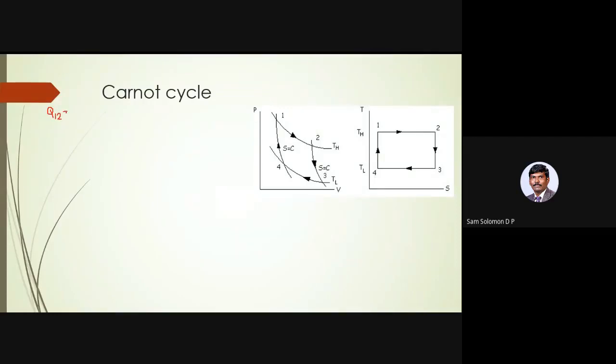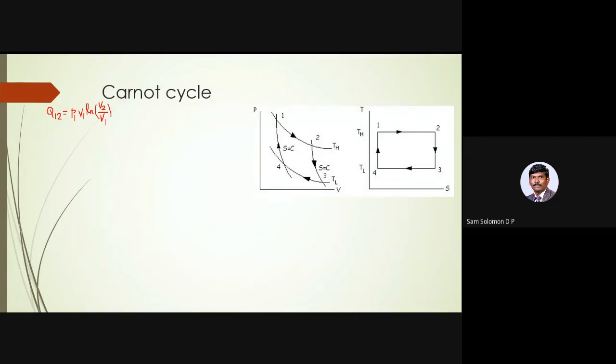Okay, so Q12, process 12 is isothermal. So for an isothermal process, Q is equal to W. So we went ahead and wrote this as P1 V1 into ln of V2 by V1. Either you can keep it as capital V or small v.